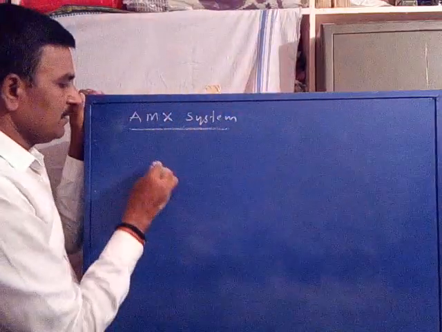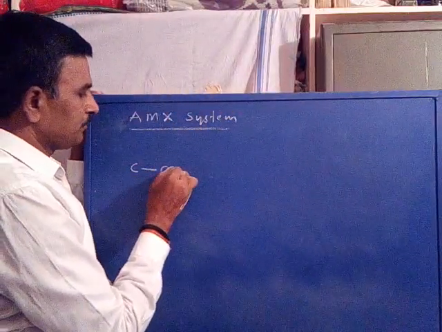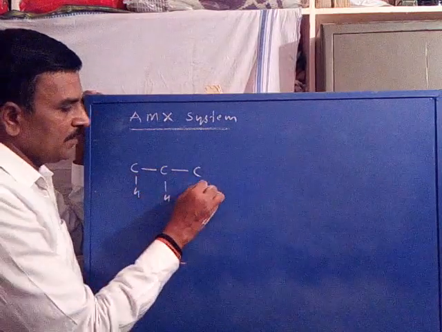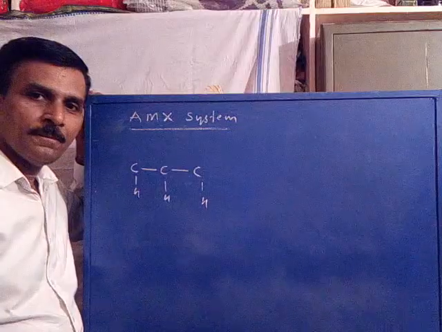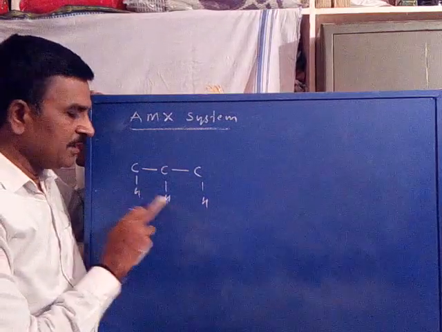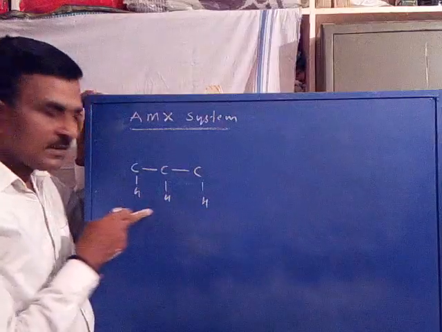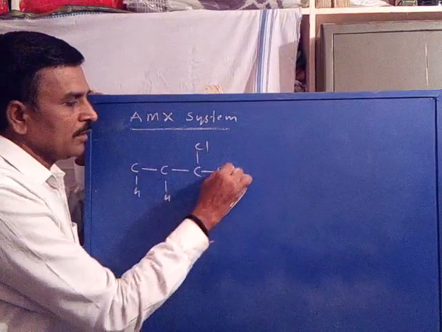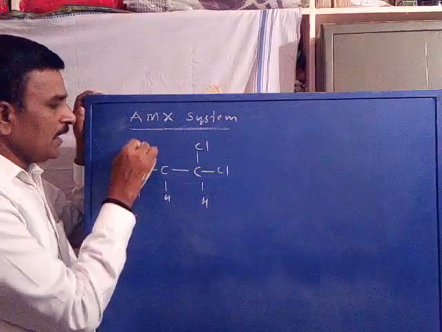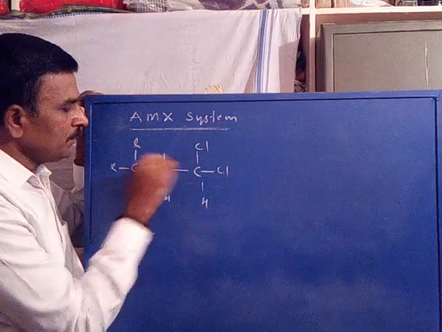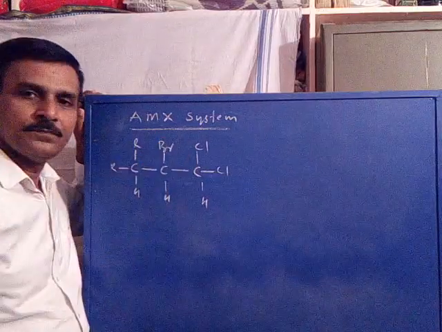You can make examples like this. You keep 1 hydrogen, 1 hydrogen, 1 hydrogen here. Now we need protons in the ratio of 1:1:1, so there are 3 protons. You keep 2 different groups: chlorine here, say an alkyl group here, and now you keep, say, bromine here.